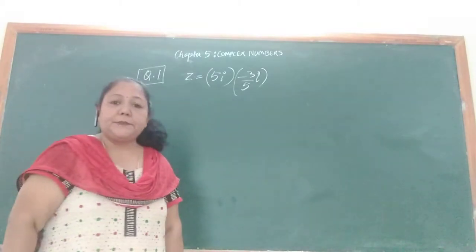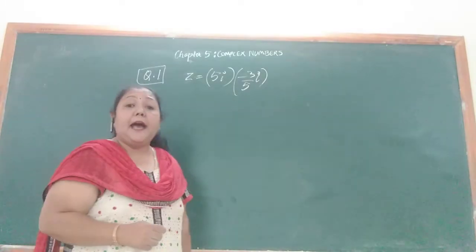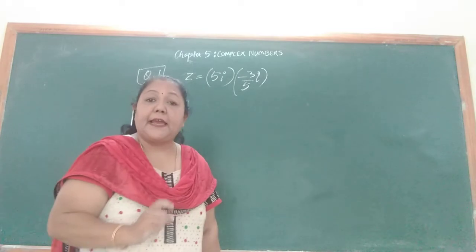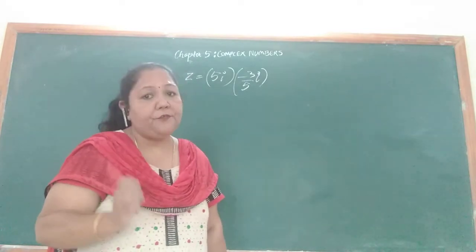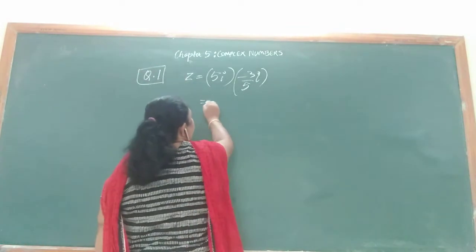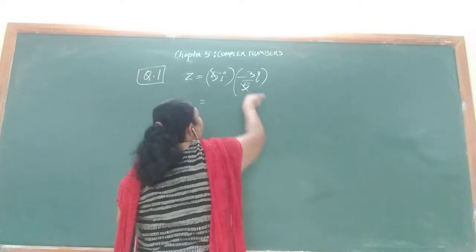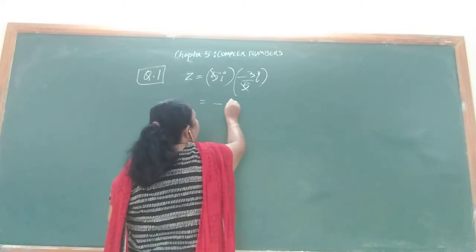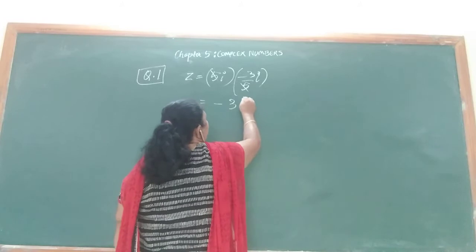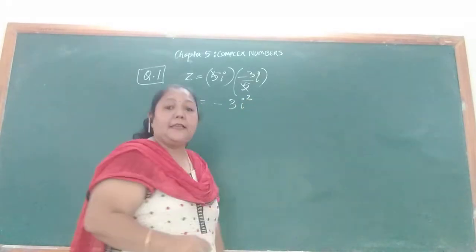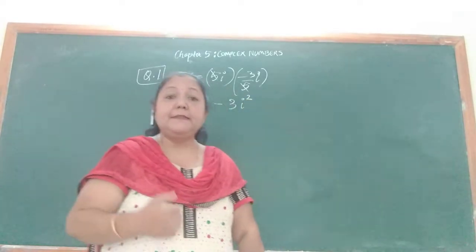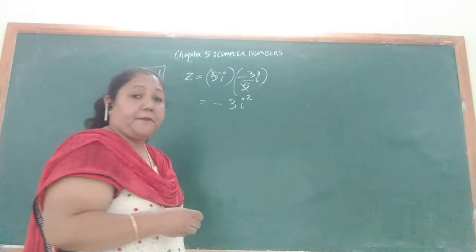This is the question. Now I have to write it in the a plus ib form. So this becomes, 5 and 5 will cancel and I have minus 3 into i, that is i square. I have minus 3i square.